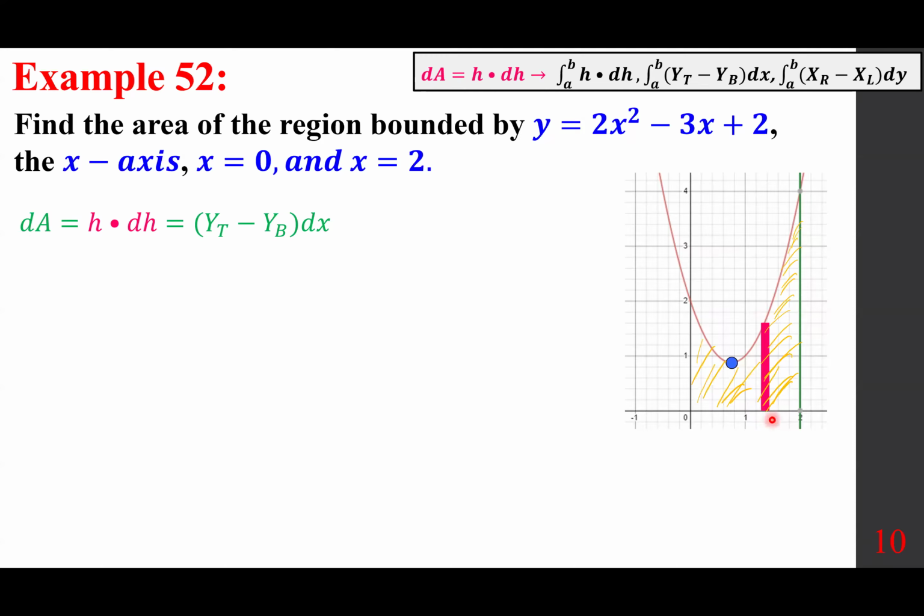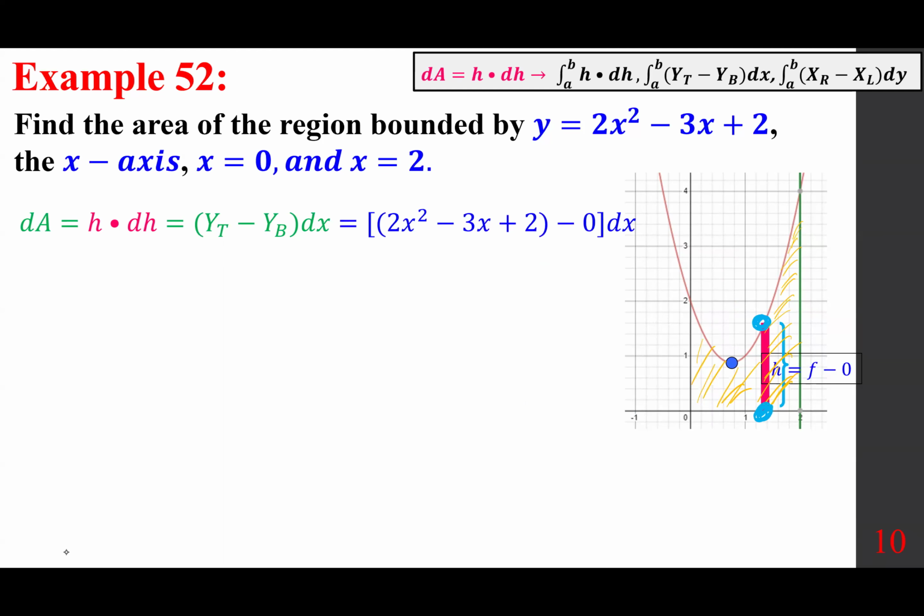Remember, the width is extremely small, so that's why you can think of it as a rectangle. It is the height times the width. Now, the height equals the y of the top, which comes from the curve f, minus the y of the bottom that comes from the x-axis, and it's 0.